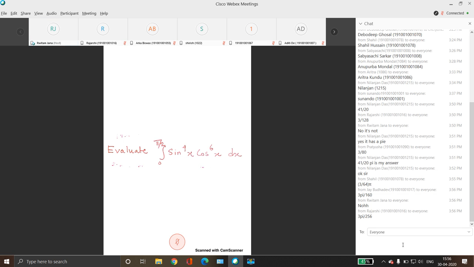Numerator part will be 3 pi, and I think Buddhadev got 3 pi, Rajarshi got 3 pi, Sahil got 3 pi. Yes, Pratyusha also got 3. Rajarshi, it is very close, 3 pi by 256. But again, you check. I think you missed some 2. You missed a 2 with 256. Just one 2 is missing.